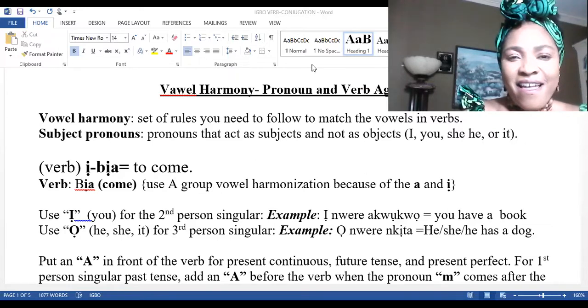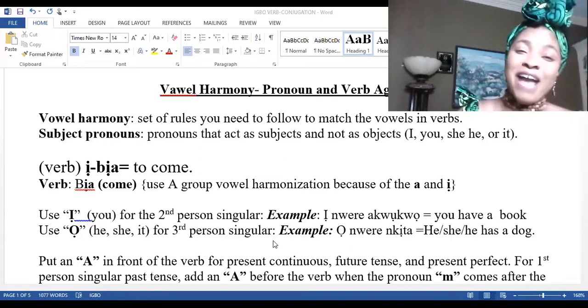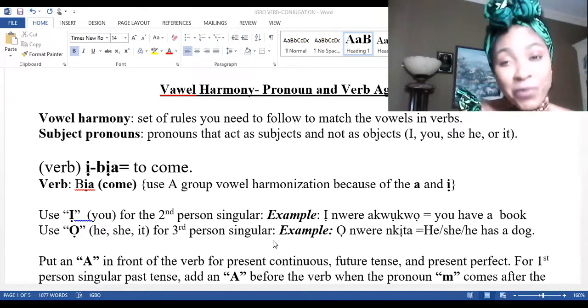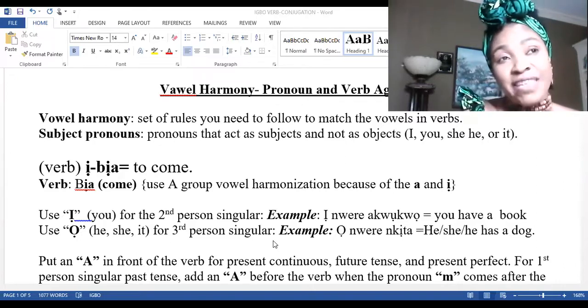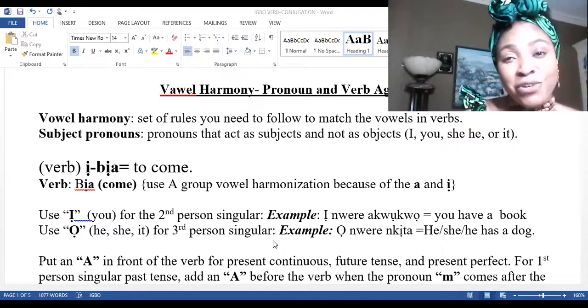My question is how come some of the Igbo words are so hard? You know, every language is hard, but it's not hard if you really listen in the class. Everything we do in life, some of them are hard. Like the English language, like the school you go to.